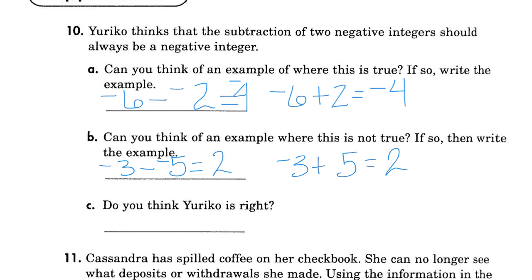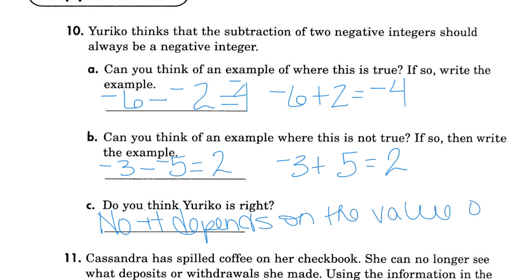So do you think Yurkio is right? It's no. It depends on the value of the negatives of the numbers. Okay, so please make sure you have that filled out.